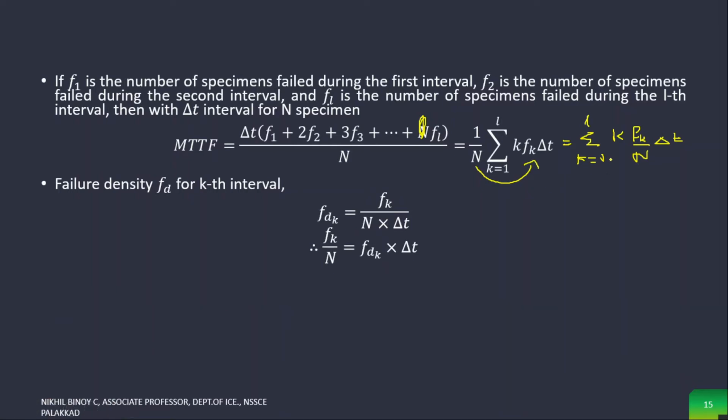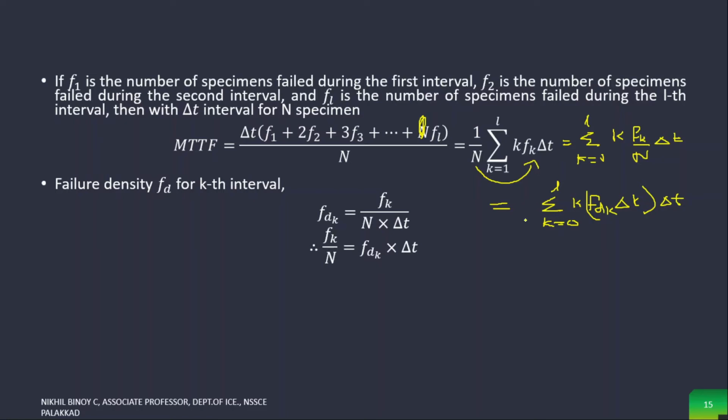So we can replace this fk by N with fdk into delta t. This MTTF equation will become sigma k equal to 0 to L of k into fdk into delta t, that is fk by N. Now one more delta t is there.